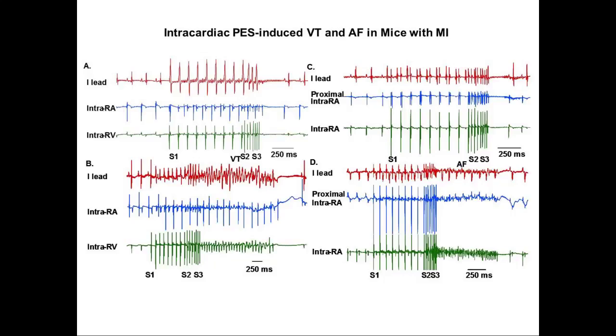Also, in my laboratory, we can do EP studies as you can do in patients.